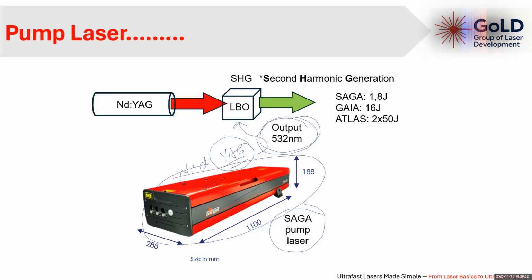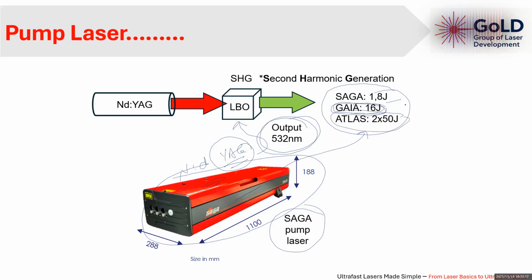Just for you to know, this pump laser has specs like 1.8 joule energy. This is also a pulsed one, and there is another, higher power pump laser that can give 16 joules, Atlas.